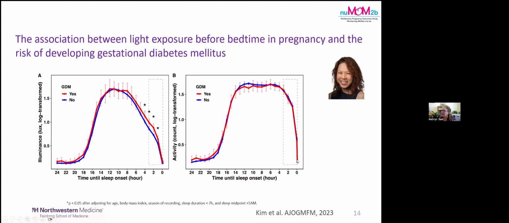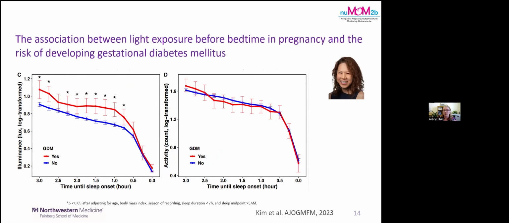And then this is activity levels at the same time. What you can see is that in these 3 hours before someone falls asleep, and even maybe 4 or 5 hours before, there's this difference in light levels between the women who had gestational diabetes and those that did not. Those who had gestational diabetes tended to have higher light levels prior to sleep.